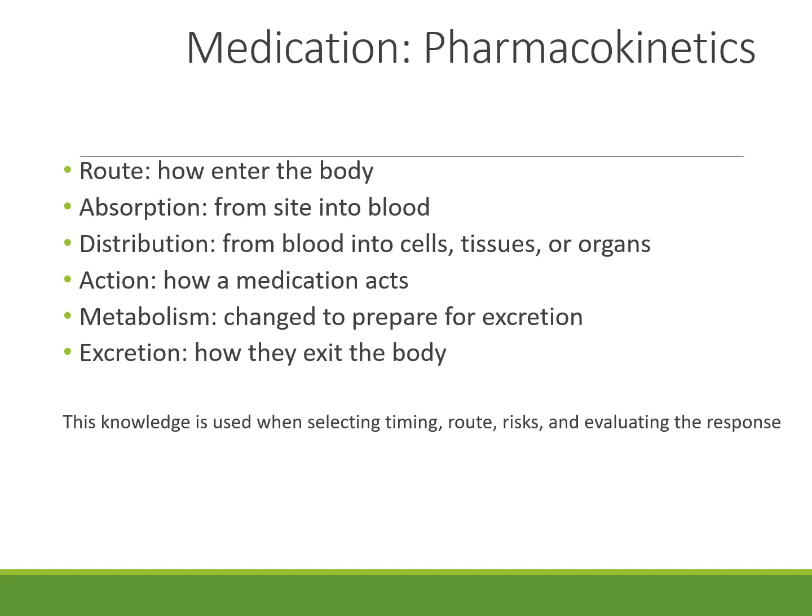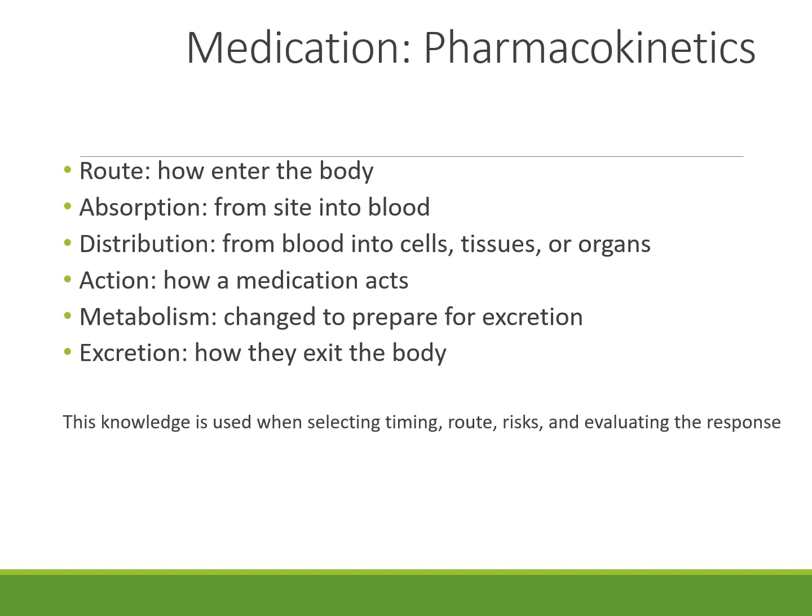In other words, the drug must be distributed in the area of the body where it needs to have its effect. Just like, for example, this drug is for headache.